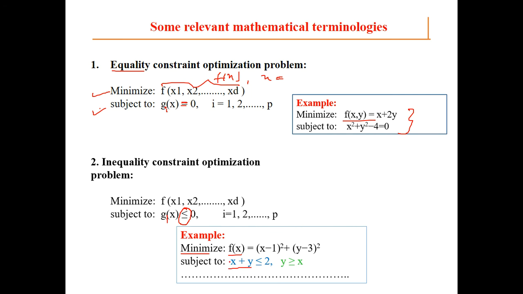Consider this g1, this is g2, both having inequalities, either less than or equal to, or greater than or equal to. A greater than or equal to constraint can also be converted into less than or equal to by putting a minus on both sides. So there are two kinds of constrained optimization: equality constraints and inequality constraints.